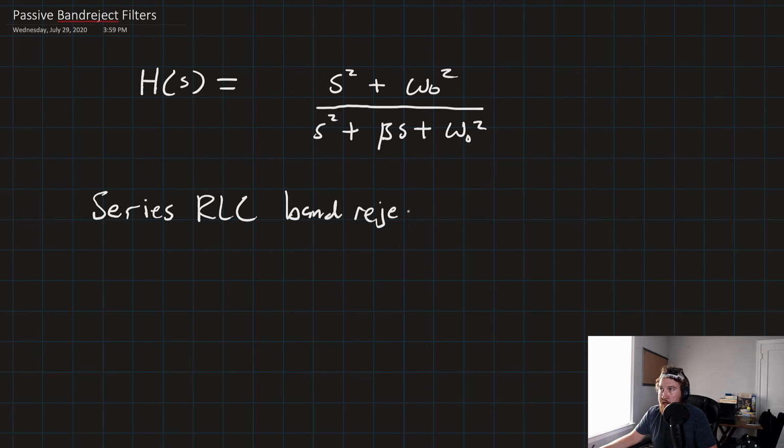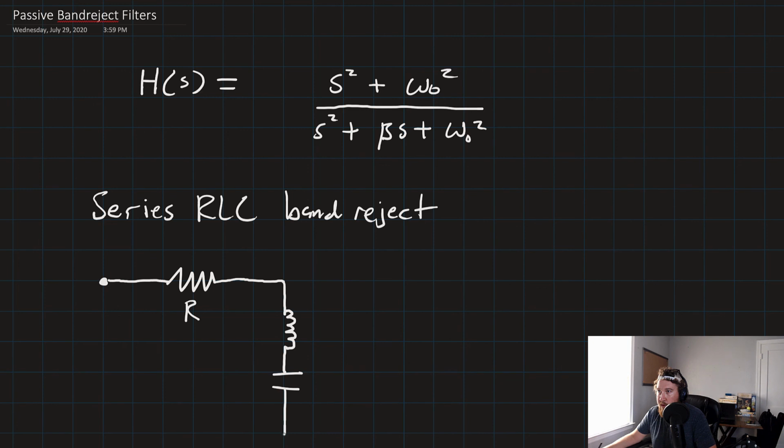So the series RLC band reject, it looks like this. We've got our input terminal, and then it's kind of flipped over from the series RLC bandpass. Here we've got the resistor R as the first element, and then that's broken out in series with the inductor and the capacitor.